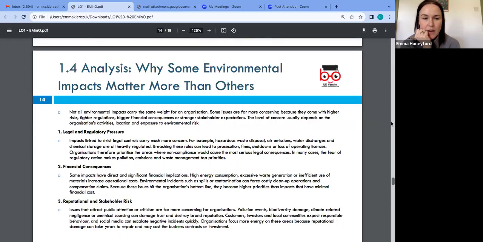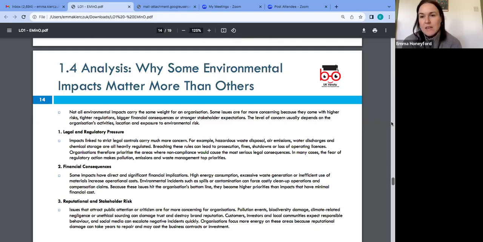So, legal and regulatory pressure. Impacts linked to strict legal controls carry much more concern. Hazardous waste disposal, air emissions, water discharges and chemical storage are all heavily regulated because the impacts are so severe. Organisations know that if you breach these rules, this can lead to prosecution, fines, or even being shut down as an organisation.